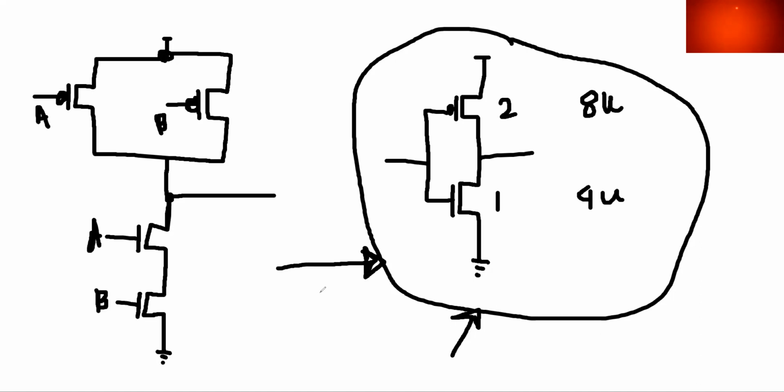I know that the performance of this circuit will be very good, so I want every circuit to behave like this. That's why I will be sizing according to this 2:1 ratio. Got my point? 2 to 1.